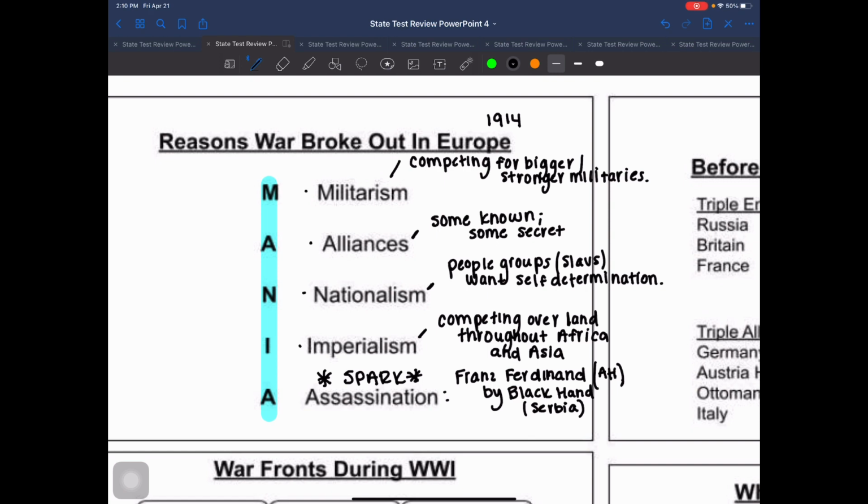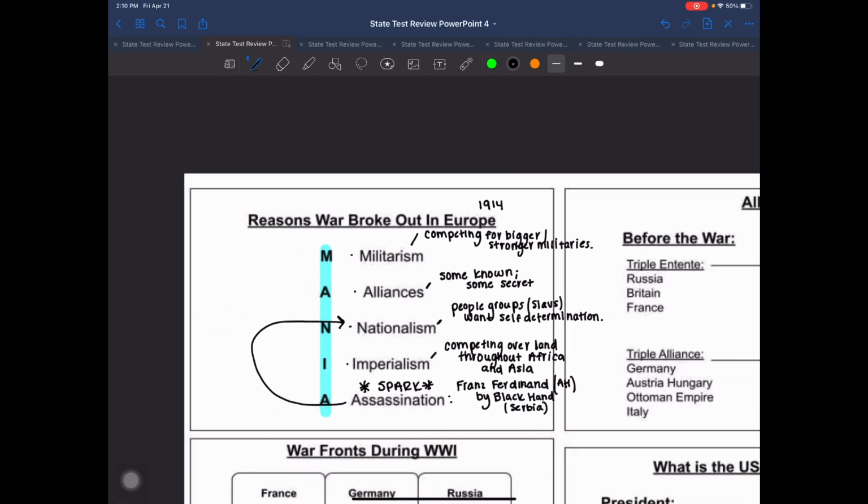And I want to draw an arrow from assassination to nationalism, because the reason Franz Ferdinand was assassinated was the Slavic community that Austria-Hungary had control over, and they wanted self-determination. So it is connected to the nationalism that we see throughout this part of Europe known as the Balkan Peninsula.